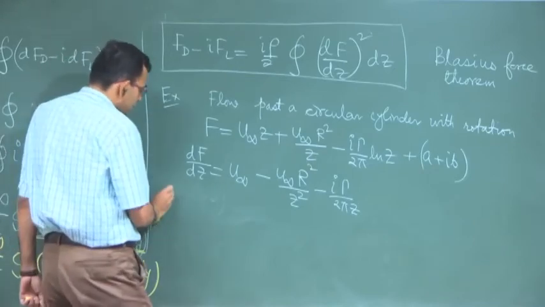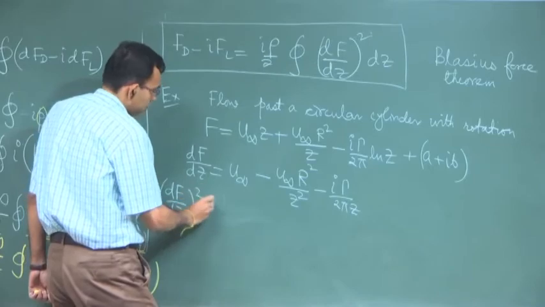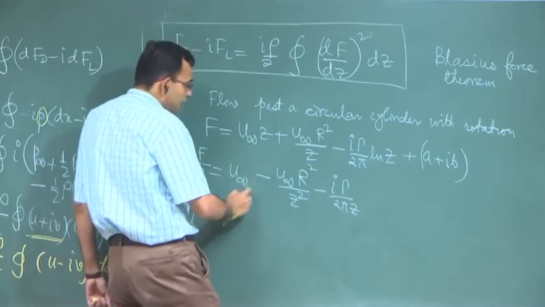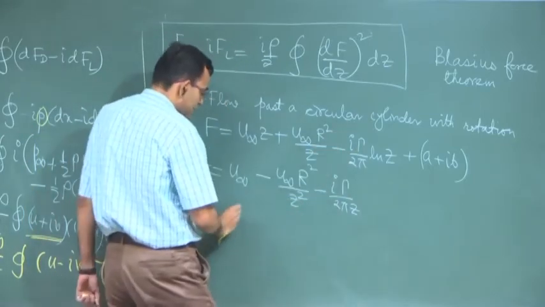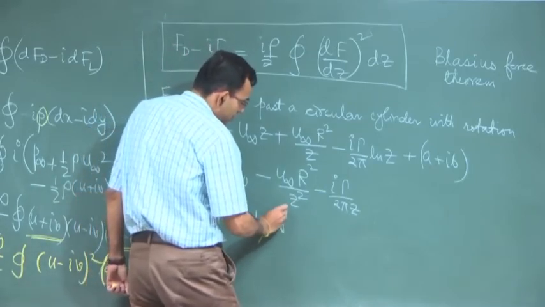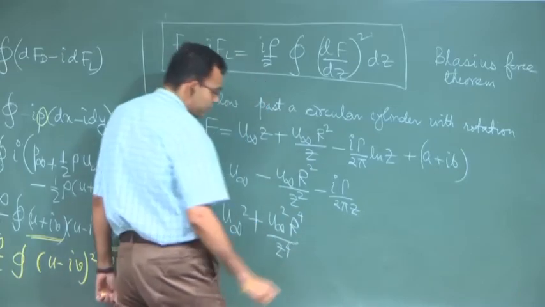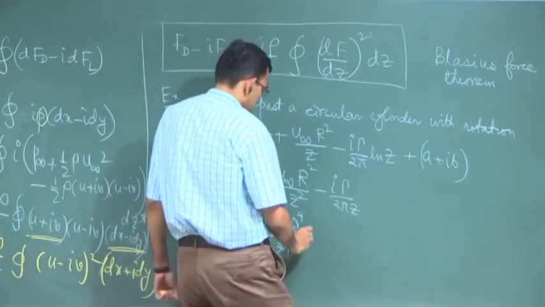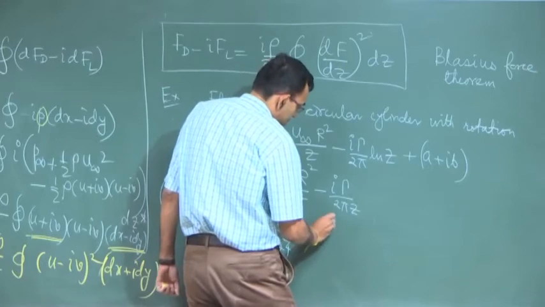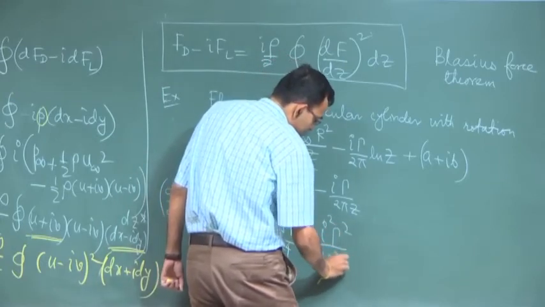So, (df/dz) whole square is (a plus b plus c) whole square. So, let us write that u infinity square plus u infinity square r to the power 4 by z to the power 4 plus i square gamma square by 4 pi square z square.